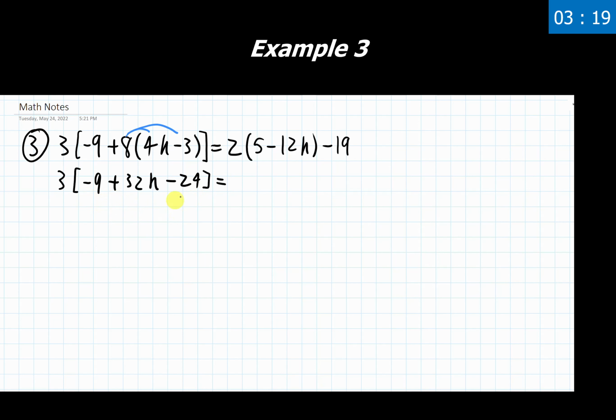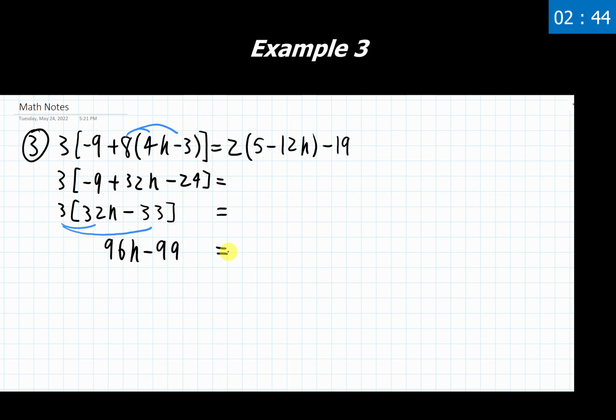I'm going to have 32h minus, I believe it's going to be 33. Then off to the side here, I'm using a calculator off screen just to make sure I'm getting these numbers correct. When this 3 distributes through to everything inside, we should be getting 96h minus 99 on the left side.